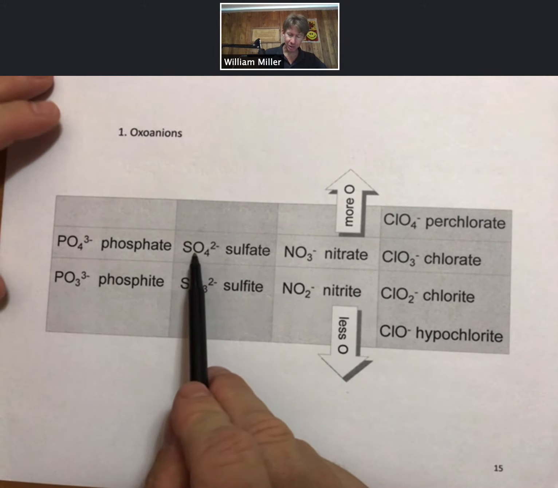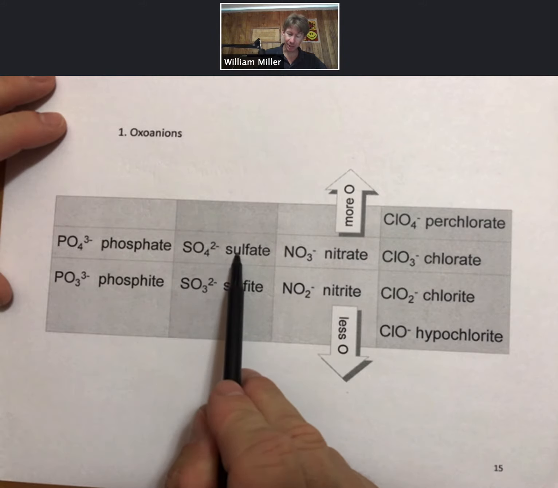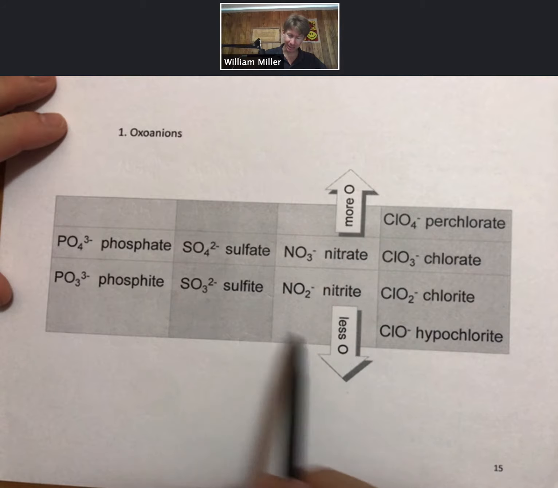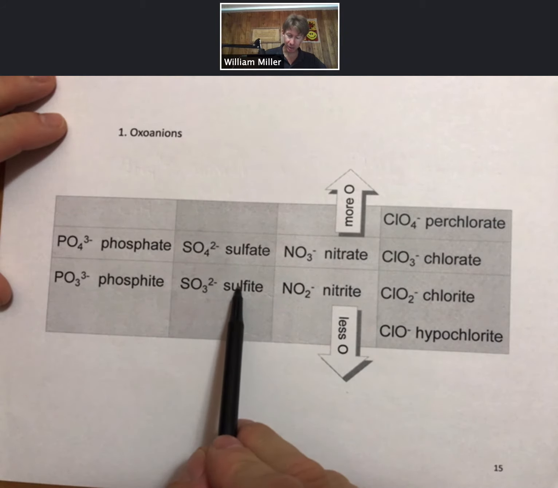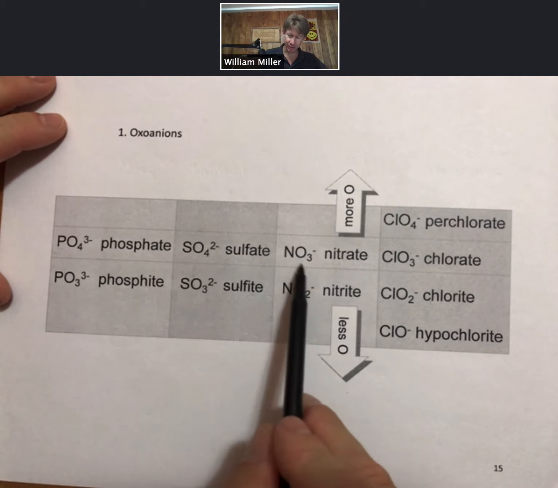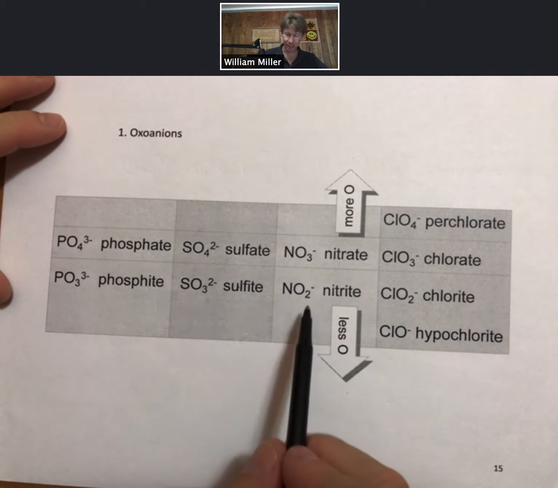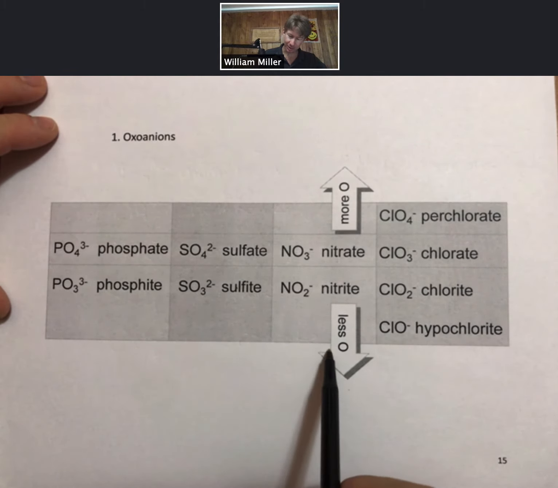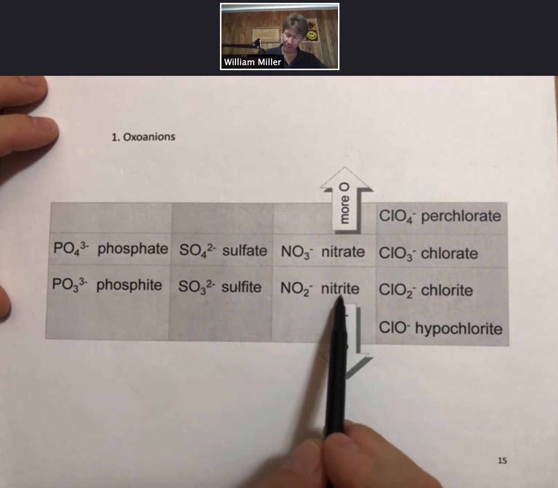And as you move from sulfate, if you memorize that, if you take away 1 oxygen, so less oxygens, you go to sulfite. Nitrate, different charge than sulfate, but again, the same process. If you take away 1 oxygen, you go from nitrate to nitrite.